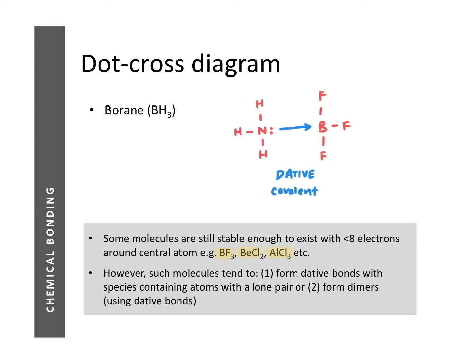The other thing that these molecules tend to form are what we call dimers. So for example, if you look at aluminium chloride, this is the structure of aluminium chloride. Aluminium has only 6 valence electrons, and this means that it has vacancy to accommodate more.